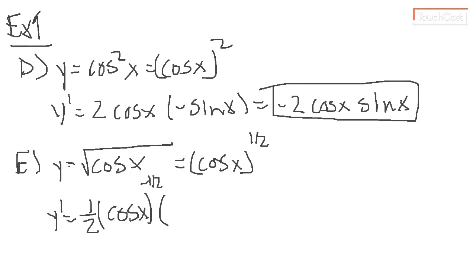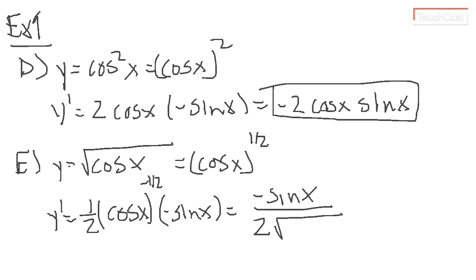Then we multiply by the derivative of what is in the parentheses. So negative sine x is the derivative of cosine x. Let's bring our negative exponent down. So in our numerator, we're going to be left with a negative sine x. Our denominator is going to have 2. Let's just rewrite the power of 1/2 as square root cosine x.